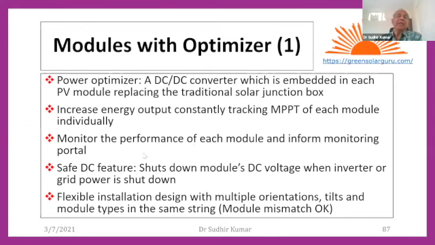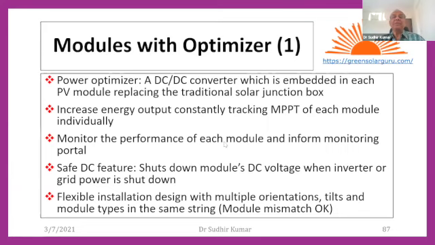And that's why even the 7 to 8 morning light, and the evening 4 to 5, 5 to 6, which is normally wasted, if you have an optimizer, you can use all these things. Another advantage with the optimizer is that it shuts down the modules automatically when the inverter or grid power is shut down.